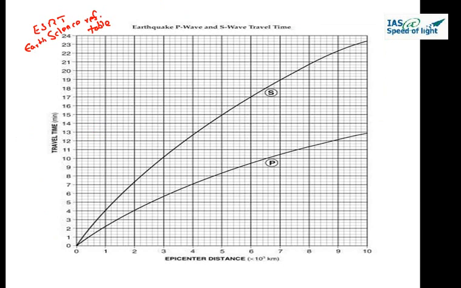Now this 2 minute difference we will try to put in this. So where exactly will this come? Suppose if it comes here, this is 2 minutes for example. So the location or the epicenter of the earthquake is approximately this much distance of the epicenter from the seismic station. So this is the purpose of ESRT or the Earth Science Reference Table.